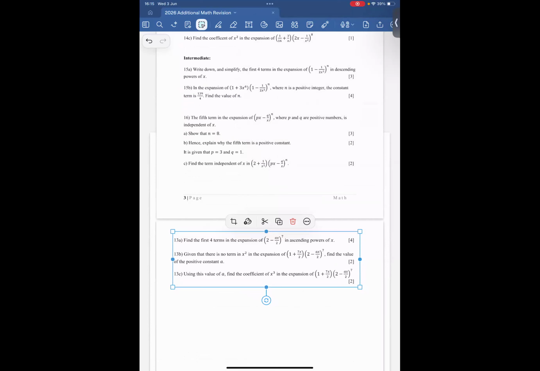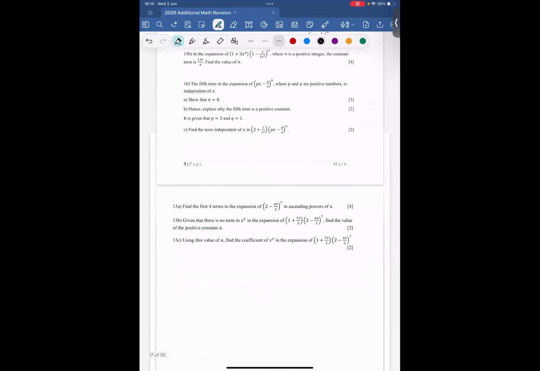Okay, question 13. Expand the first 4 terms of this in ascending power of x. So 7C0, 2 to the power of 7, minus ax over 2 to the power 0, plus 7C1, 2 to the power of 6.